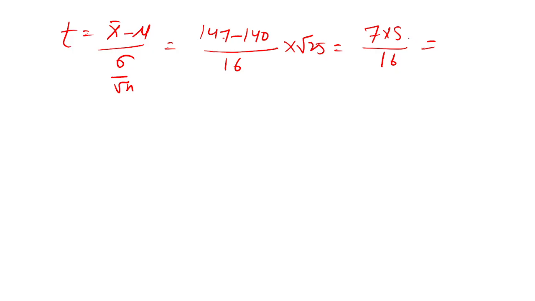What value came? 2.238. So for the alpha 5% and degree of freedom 25, what will the value be?